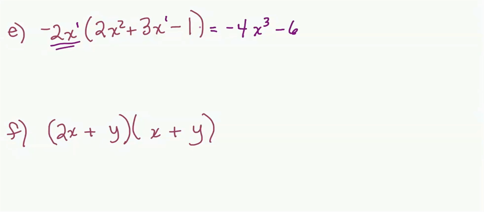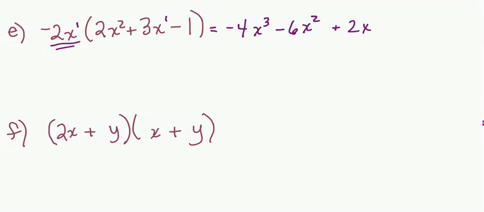X to the 1st times x to the 1st is x squared. Negative 2x times negative 1 is the opposite of negative 2x, or plus 2x. You want to go ahead and check your work. Make sure you've looked at your exponents and added up the exponents correctly on the x. So that would be a good thing to do. Check your work.